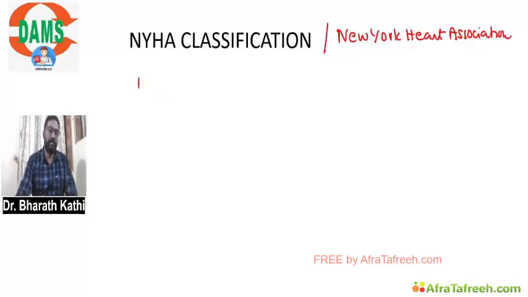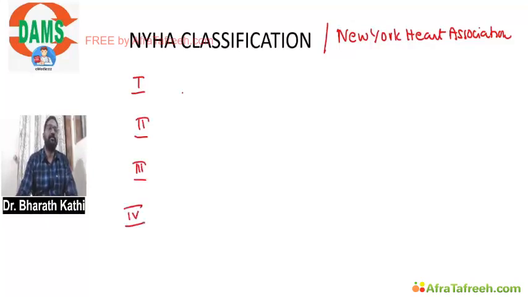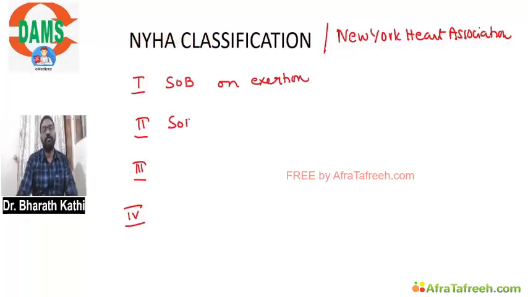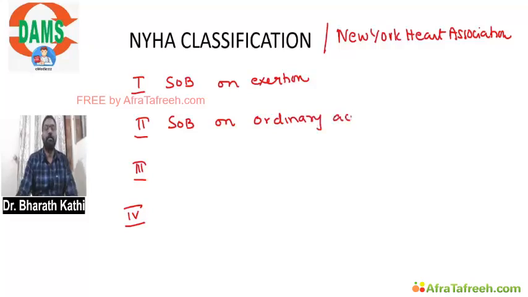So this is given as 1, 2, 3, 4. Shortness of breath on exertion. Shortness of breath on ordinary activity.